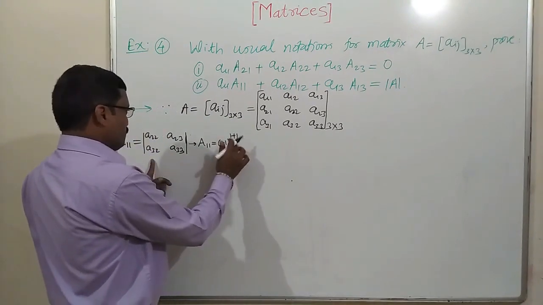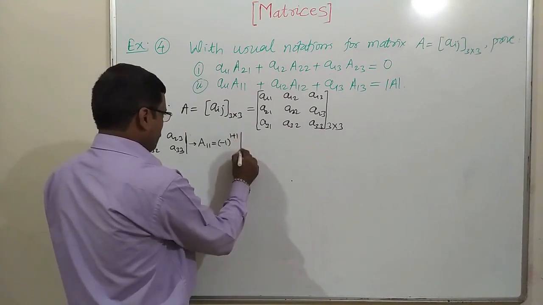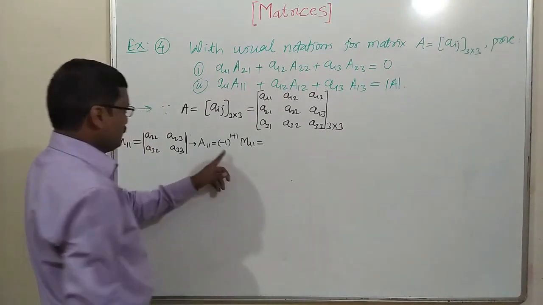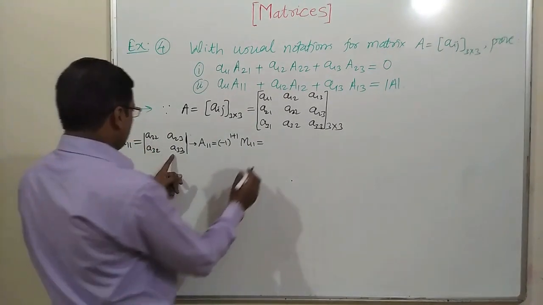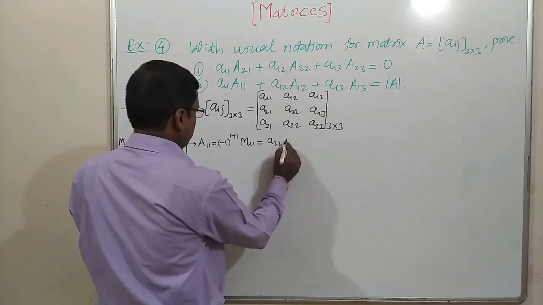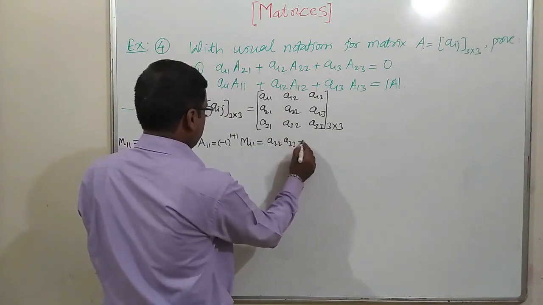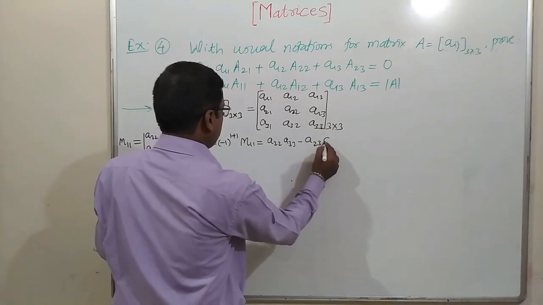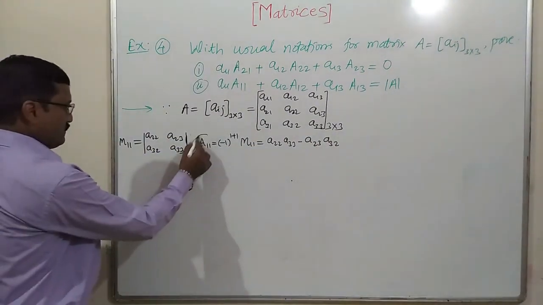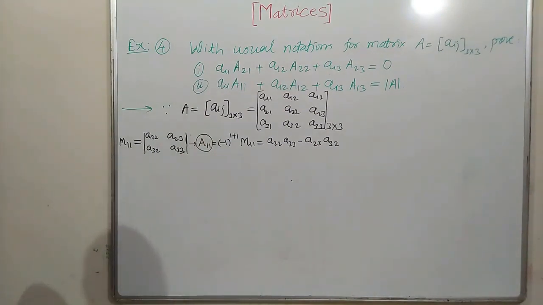Minus 1 raised to 1 plus 1 is positive, so we get a22 a33 minus a23 a32. This is our first cofactor A11. Remember this.